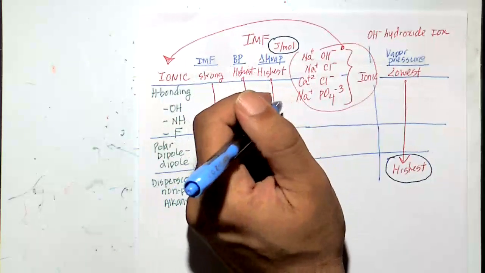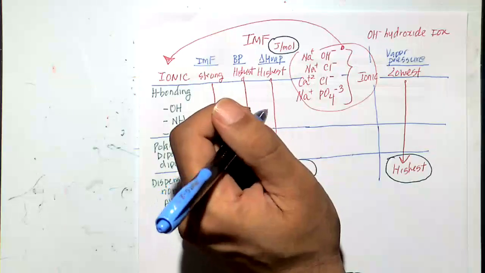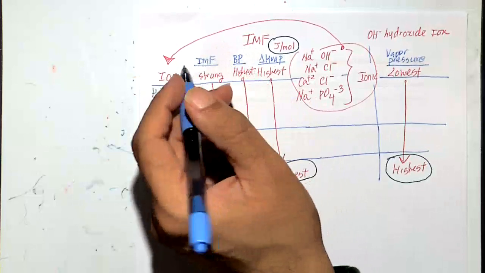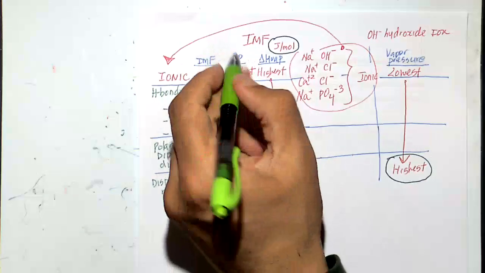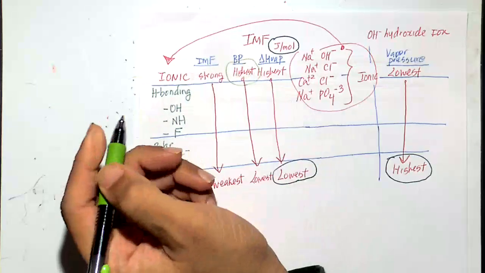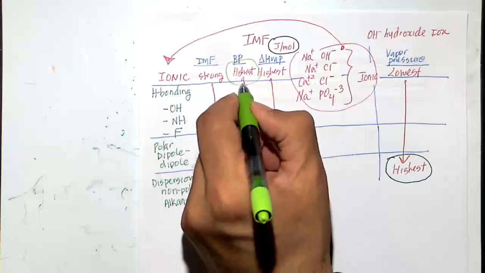Okay, let's go to the other end of the spectrum, something that has a high boiling point. What would a high boiling point be? Something that is ionic, or what else could have a high boiling point?